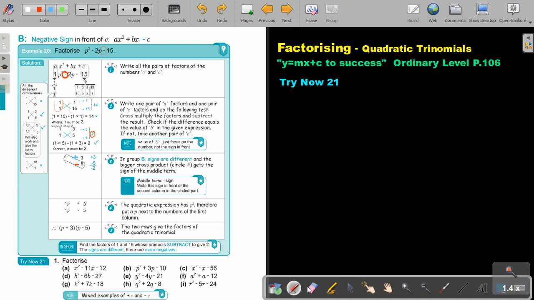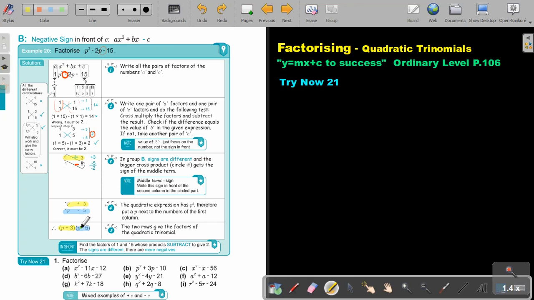And now don't forget, how do we write it? If it's p squared, I'm just going to write p and p. So that is your first bracket, and this is your second bracket. It's not so difficult.